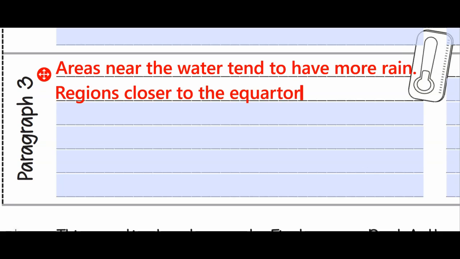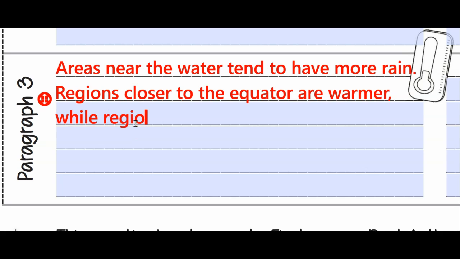The equator is the imaginary line that goes around the planet. Okay. Regions closer to the equator are warmer, while regions farther away are, so if regions closer to the equator are warmer, if they're farther away, they're what? Colder.